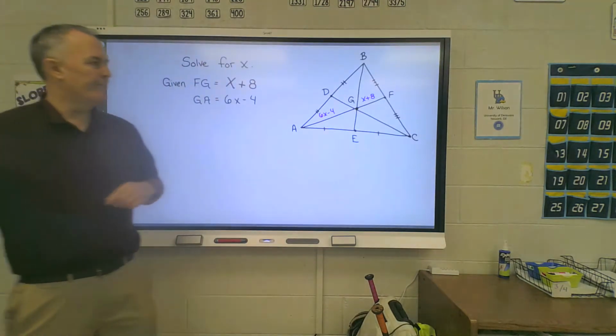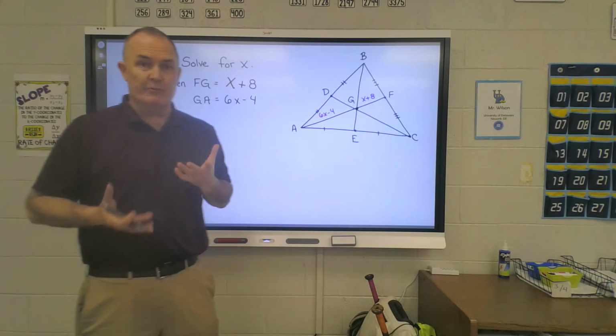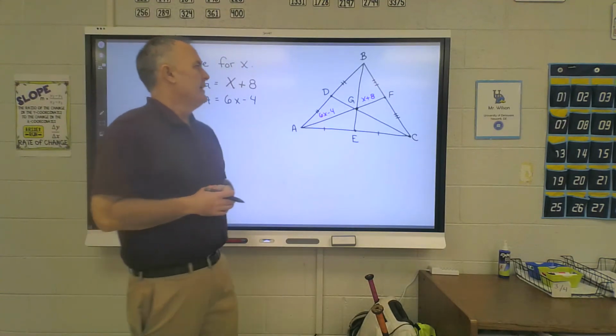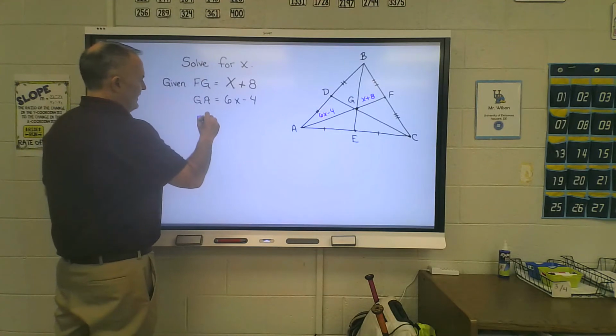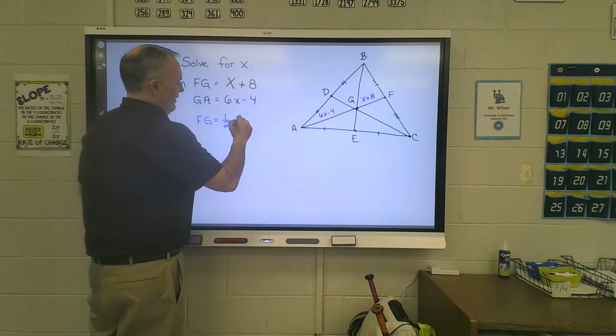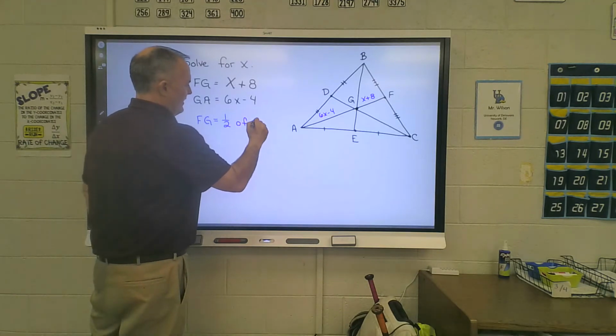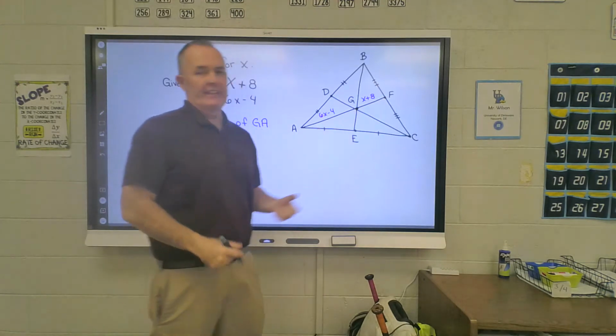Now, we know that this segment is double whatever the smaller segment is, right? That's the ratio. It's a 2-to-1 ratio. So I literally could say that FG equals half of GA.